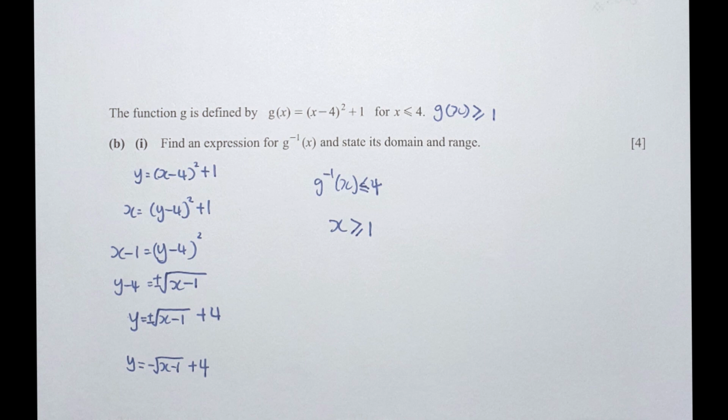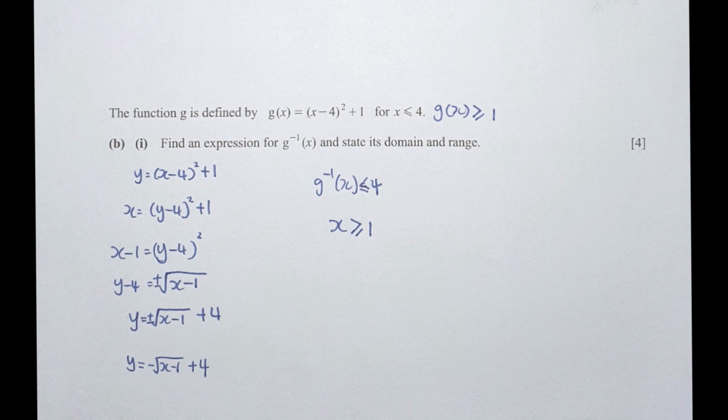Find an expression for g inverse and state its domain and range. So first, before proceeding, I will always check what's the original domain and range over there. The original domain was x less than or equal to 4, and the range of g(x) is more than or equal to 1.